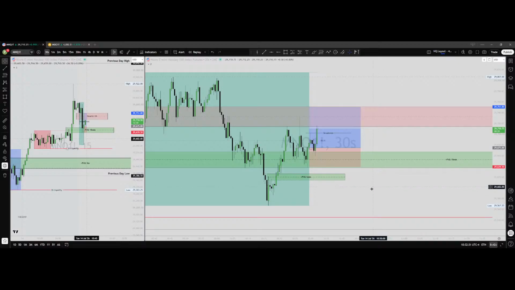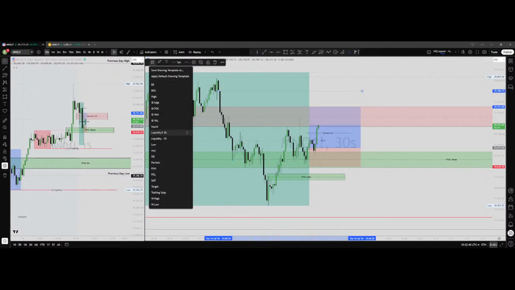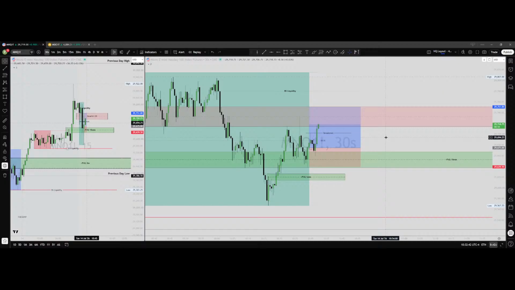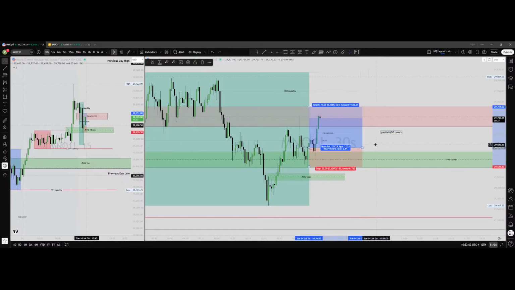Price is moving pretty good with speed. Hopefully it continues faster and gives us our target. We still have this as sell side, buy side drawn liquidity. So let's see. We want to take partials at 50 points. We are still up 60 points.